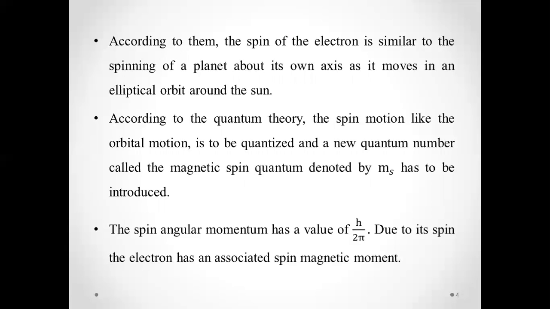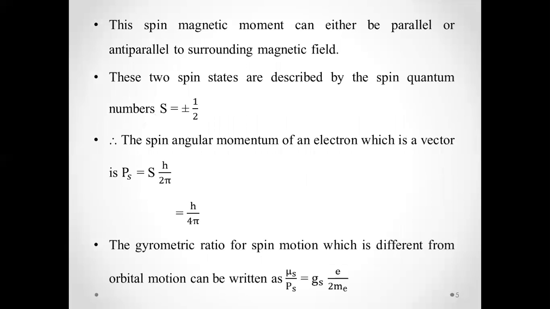Hence, due to its spin, the electron has an associated spin magnetic moment mu s. This spin magnetic moment can either be parallel or anti-parallel, depending upon the directions of spin with reference to the surrounding magnetic field.